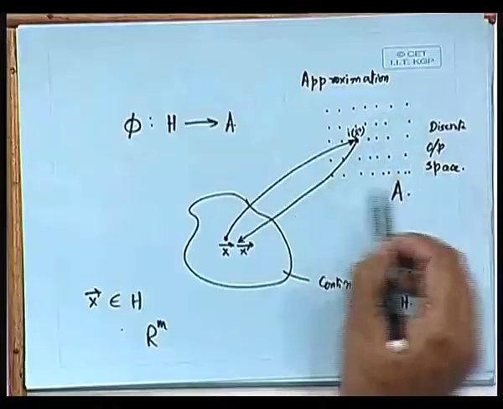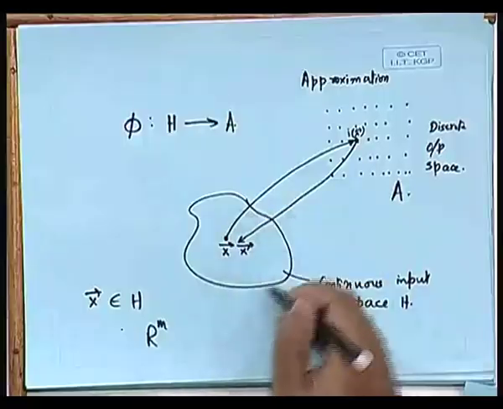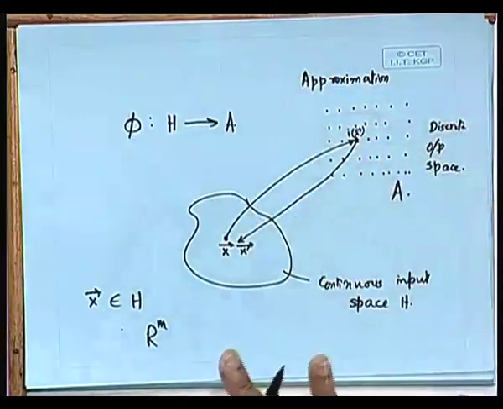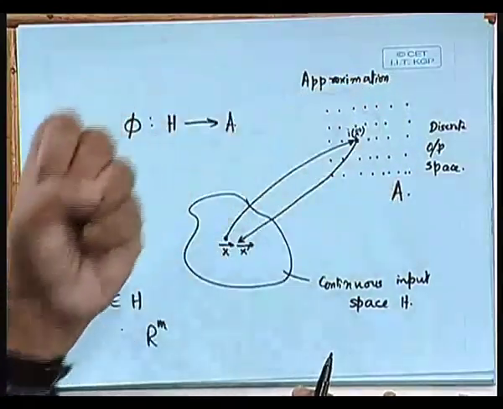So, effectively the continuous space, where there can be a large set of values, is being mapped into the discrete space having a limited number of neurons. My code words will be as many as the neurons I have. If I have 100 neurons, 10 by 10, then I can only encode all these input vectors using one out of this 10 by 10. So, essentially I have a limited resource from which I try to encode a large continuous space.